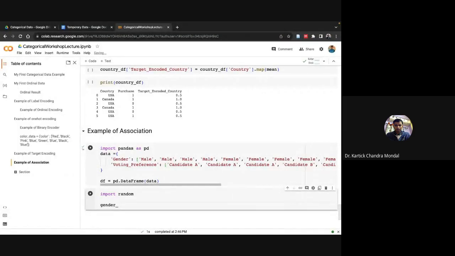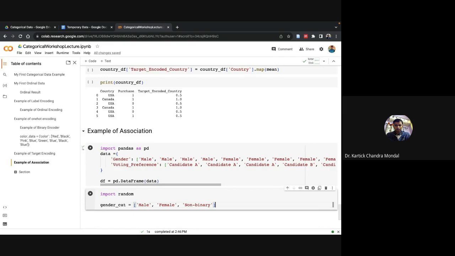Now we will use the gender category, which is male, female, and say non-binary.